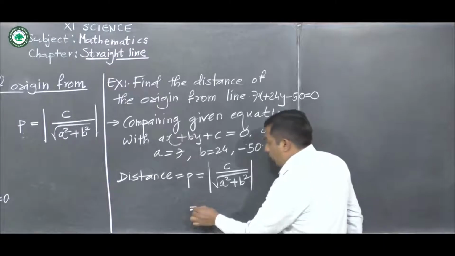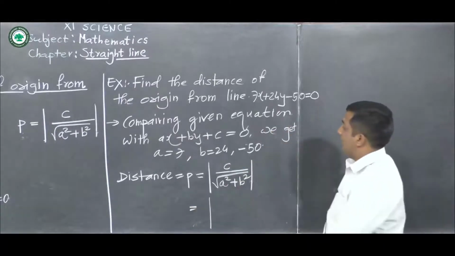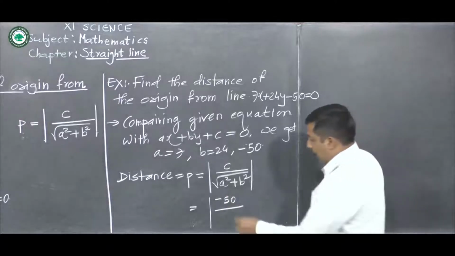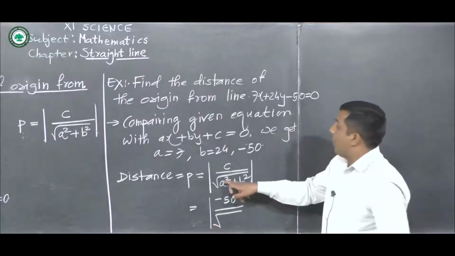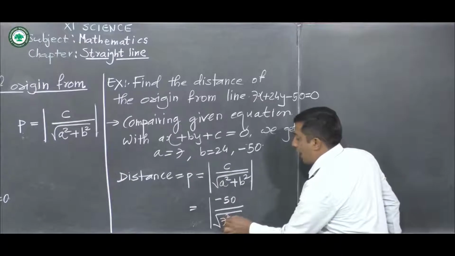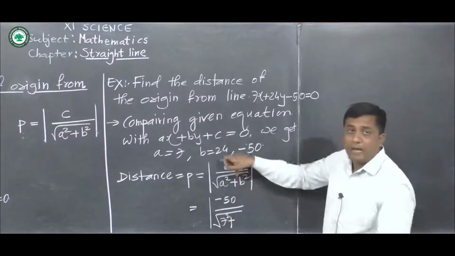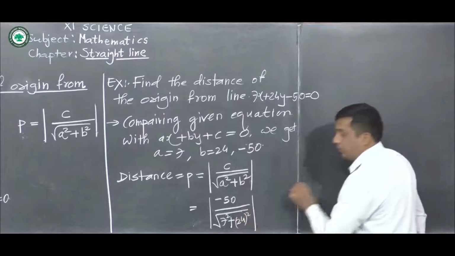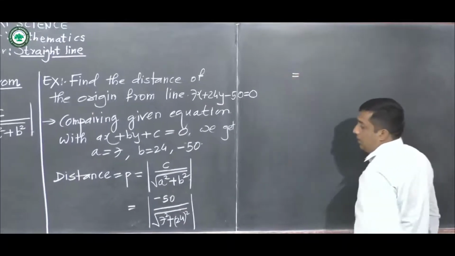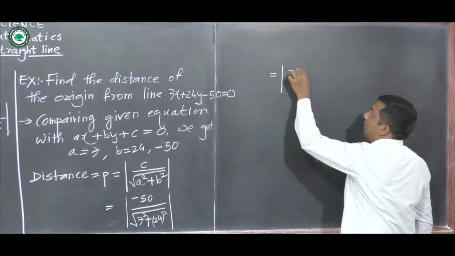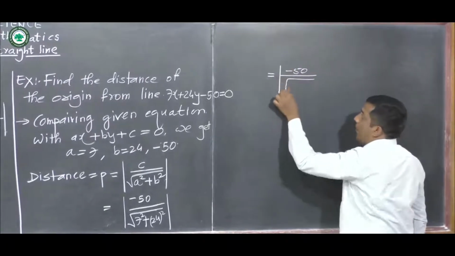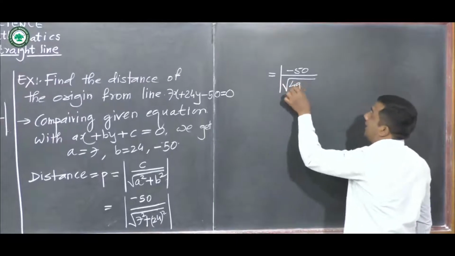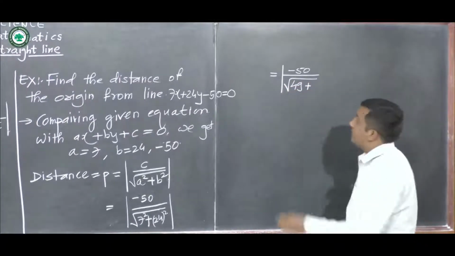Okay, this is equal to inside the mod, we know c is minus 50, divided by inside the square root a square means 7 square plus b square means 24 square.